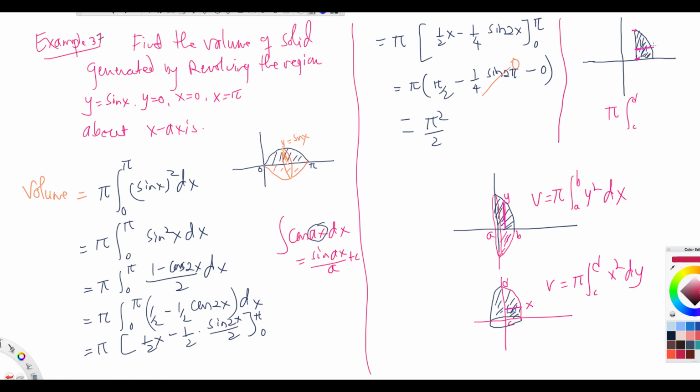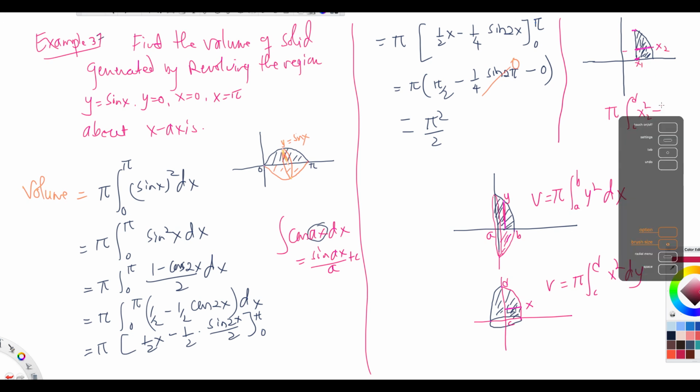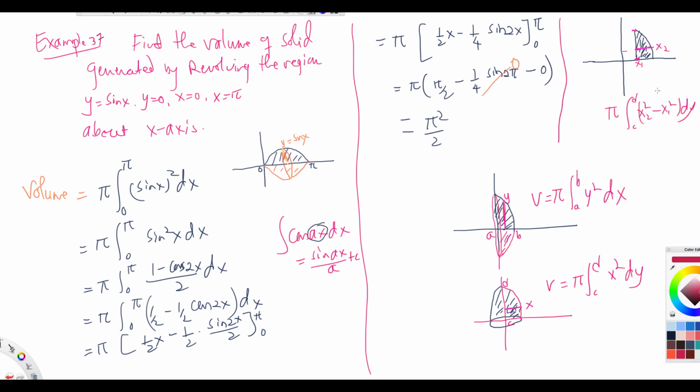The total will be x. For the whole outside, it will be x squared minus the volume of the inside. Let's say this value is x2 and this value is x1: x2 squared minus x1 squared, and then dy, and then you plug in the values of x1 and x2.